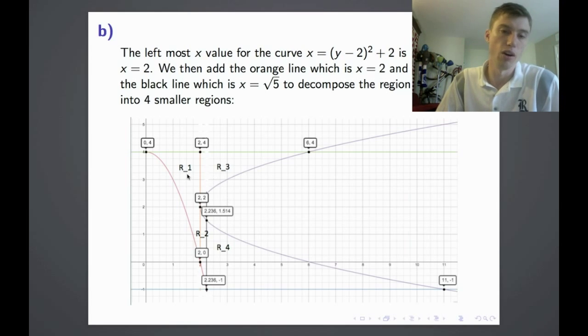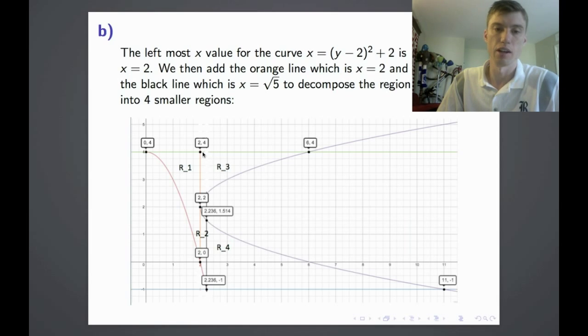So we have R1, and R1 will have the line y equals 4 as the top function, and y equals negative x squared plus 4 as the bottom function. R2 will have the curve y equals negative square root of x minus 2, plus 2 as the top function, and the bottom function will be y equals negative x squared plus 4.